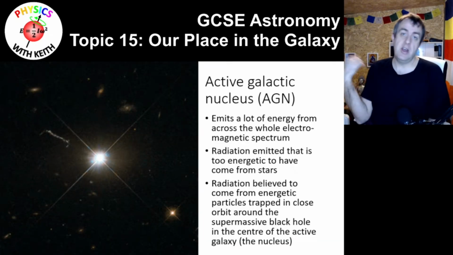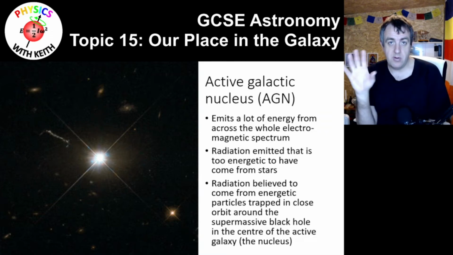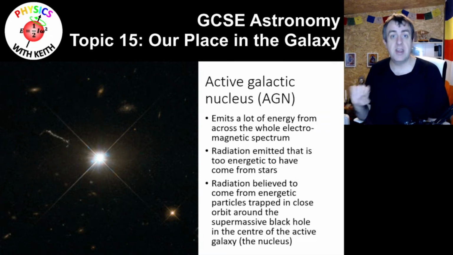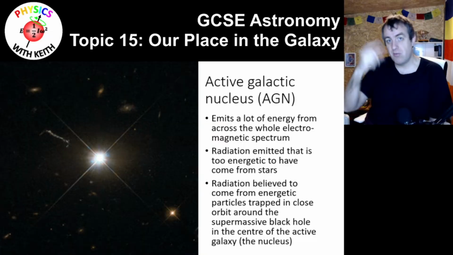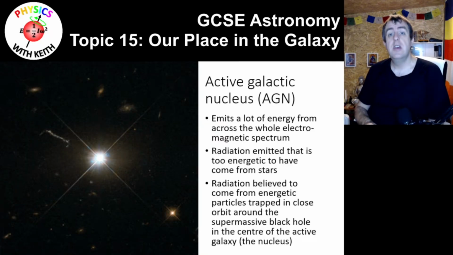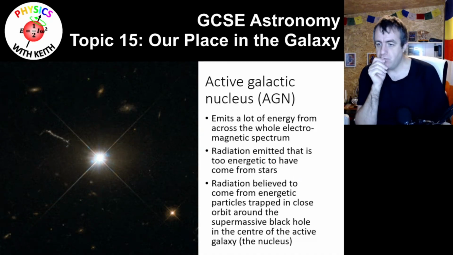And because you've got a very hot plasma orbiting very close to the black hole, that's going to have its own magnetic field, so you're going to get the plasma that might be ejected coming off as a ribbon in the same way as when you look at the sun and you look at a coronal mass ejection from the sun, and we covered that in a previous video, although this is on a much grander scale.